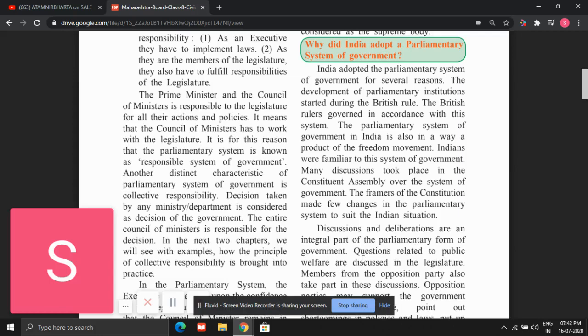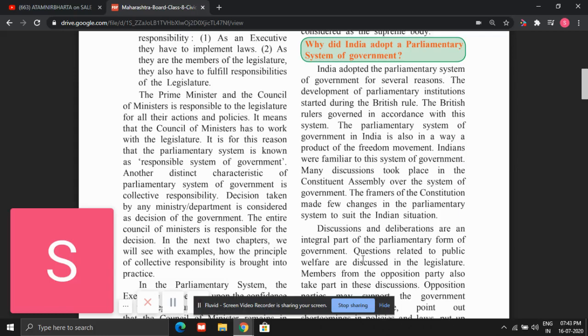And we did not just adopt it completely, we put each clause or each law to discussion. So there were discussions which took place, and the framers of the constitution, framers are the makers of the constitution, made a few changes as per the needs or the situation of India, to suit the Indian situation.